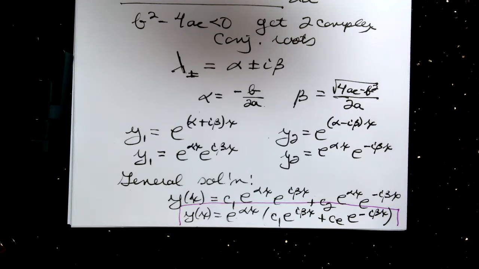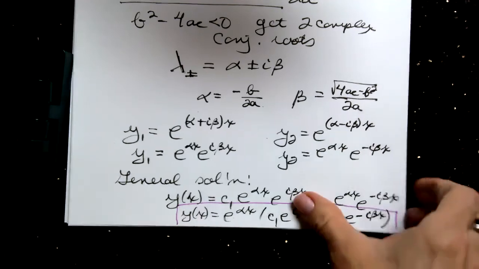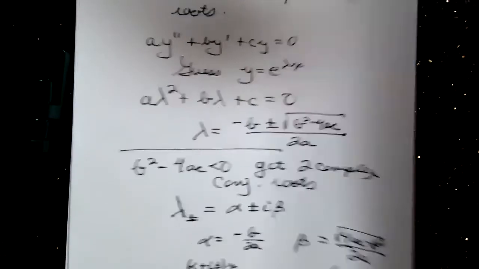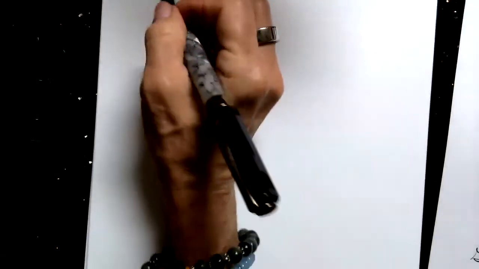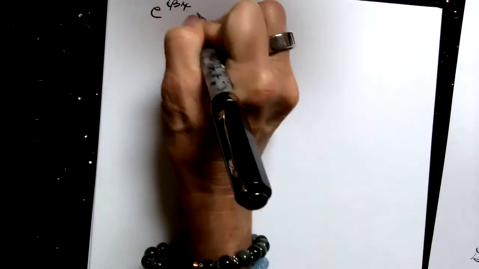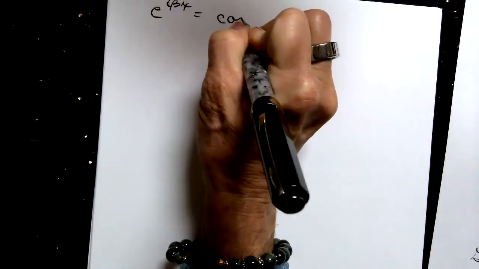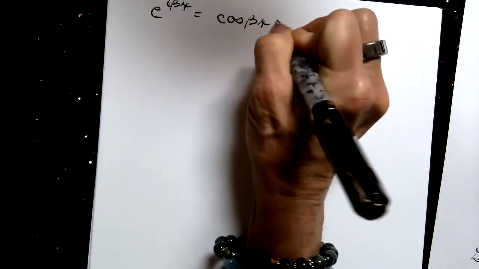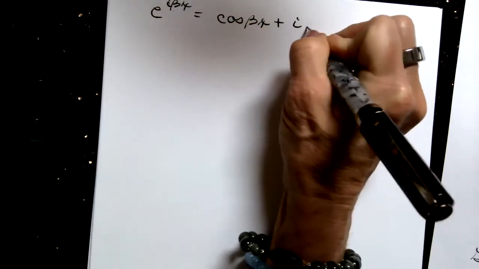This is where we'll pull on what you learned in the review video, which hopefully was just a review for you: you can write e to the i beta x as cosine beta x plus i sine beta x.